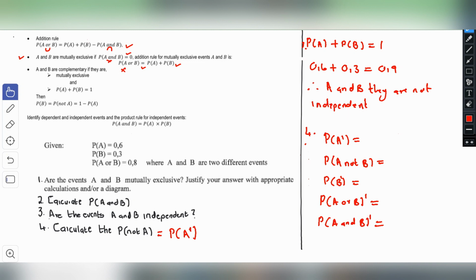So whenever you see calculate the probability of not A, remember that I said it's like an exponent that represents not in the probability. So when you see the probability of not A, just know that it's 1 minus that probability. The probability of A not B means it's the probability of A minus the probability of A and B, right?